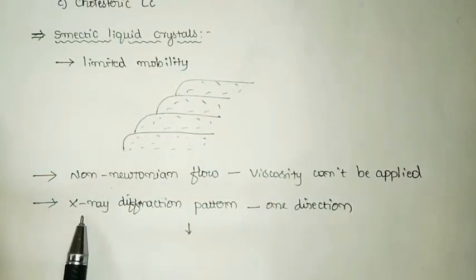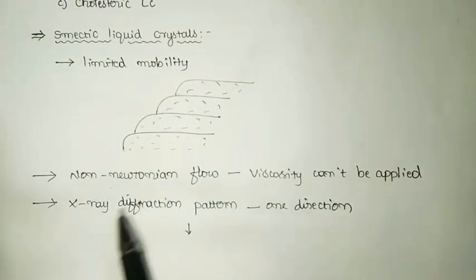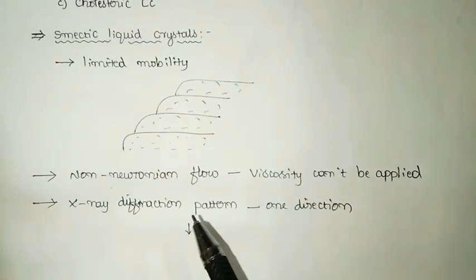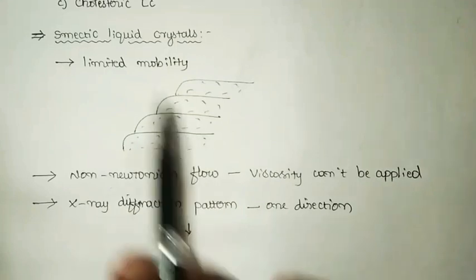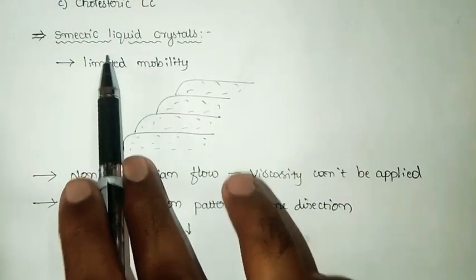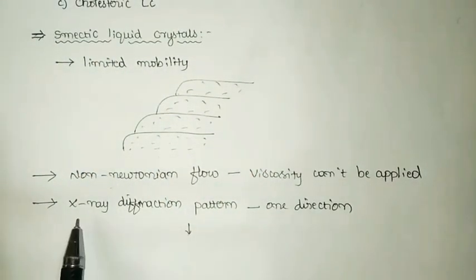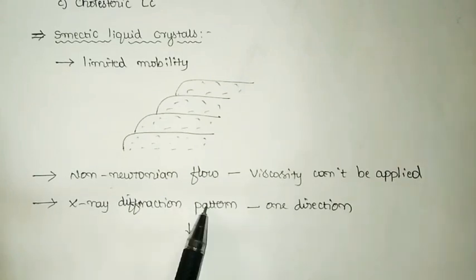When you pass X-rays onto a normal crystalline solid, we get X-ray diffraction patterns. Like a normal crystalline solid, the smectic liquid crystal also shows X-ray diffraction patterns when you pass X-rays onto it.